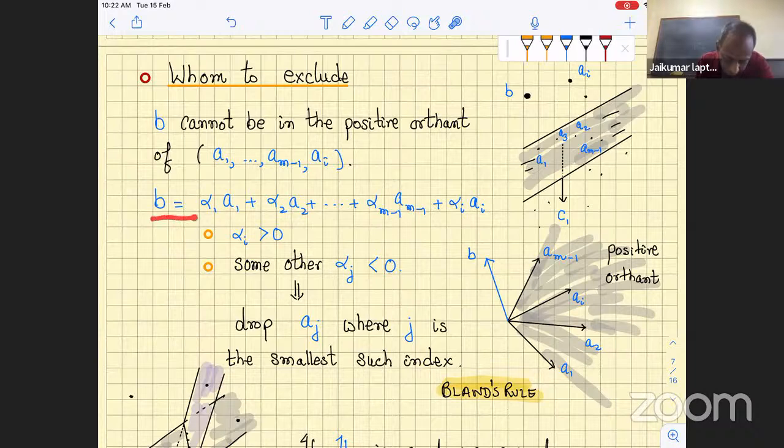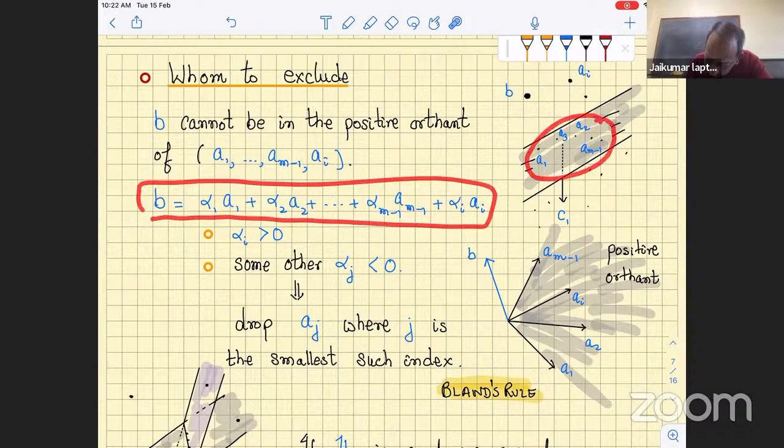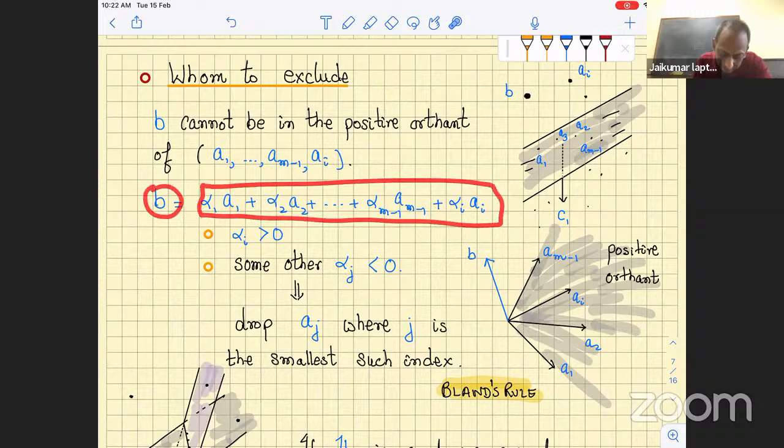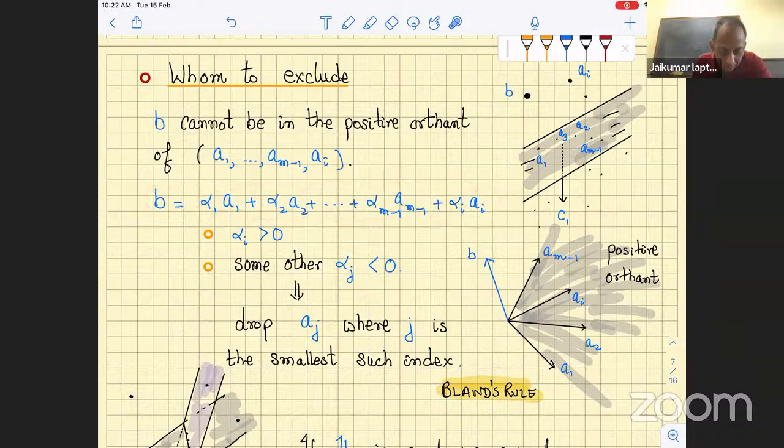So when we write B as a linear combination of those vectors which were already on the hyperplane and this vector, one of these coefficients must be negative. Okay. They cannot all be non-negative because then B would be in the cone generated by these vectors. So some alpha must be negative.